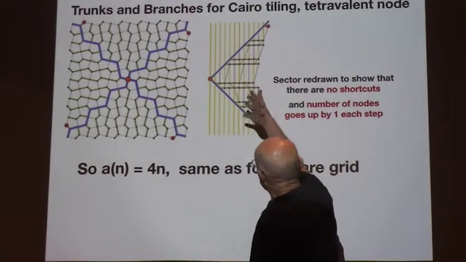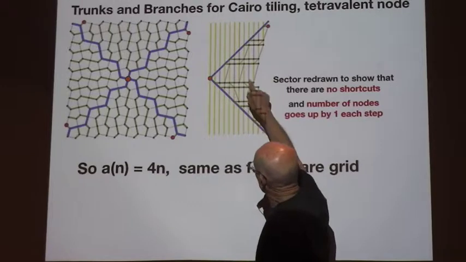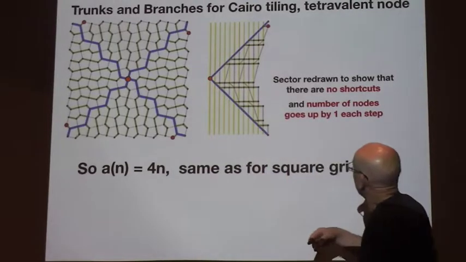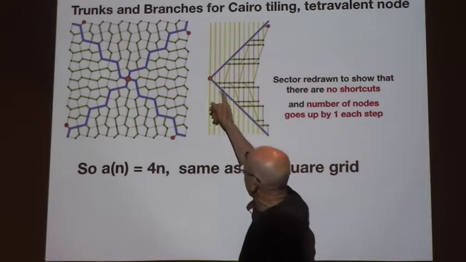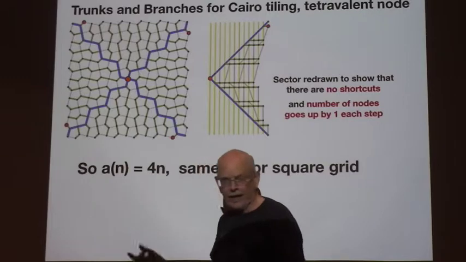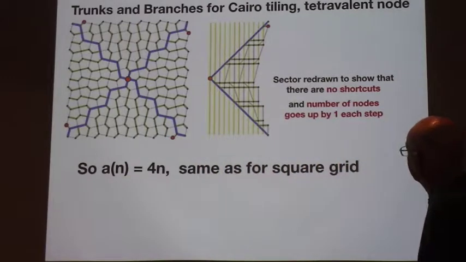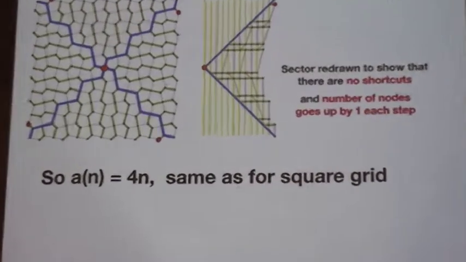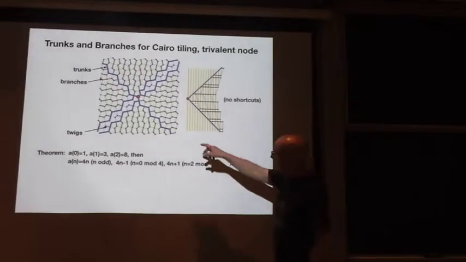Then you can see that there are no shortcuts, and that at each step you get one more vertex at each degree. So that proves that the total number is 4n, just as it is for the square grid, and solves the problem for a tetravalent node.